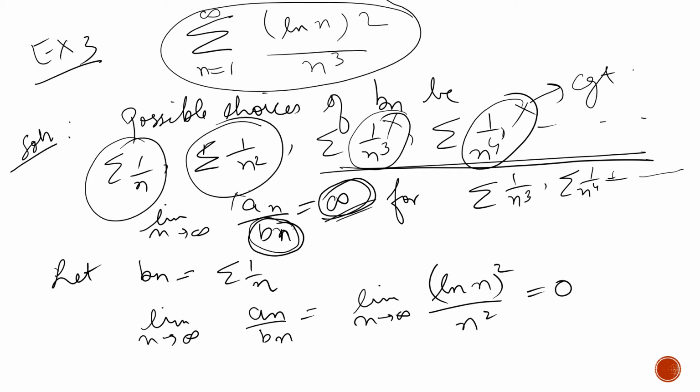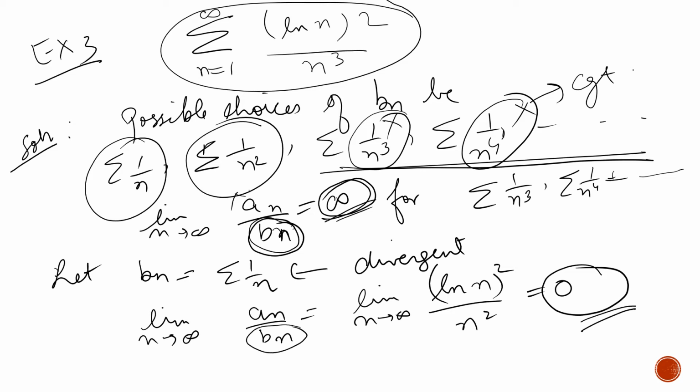Now this Bn is divergent, and you have already seen that in limit comparison, when you get the value as 0 and Bn is convergent, then only you can say that An is convergent. However, here for this choice, Bn is divergent. So again we cannot say anything by the limit comparison test.